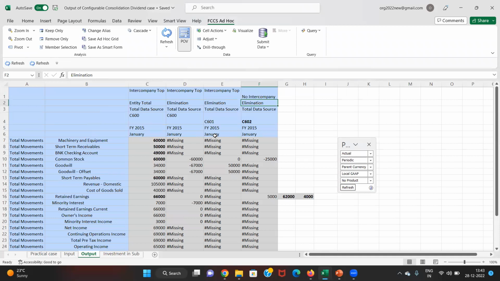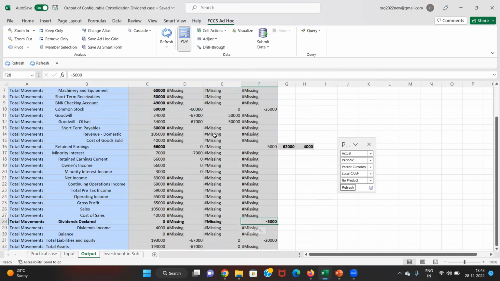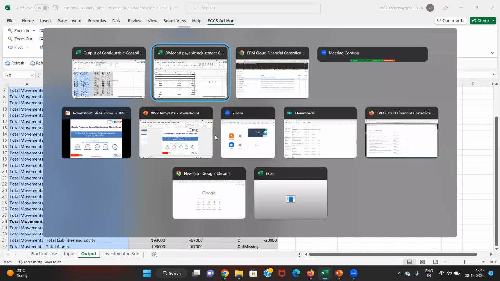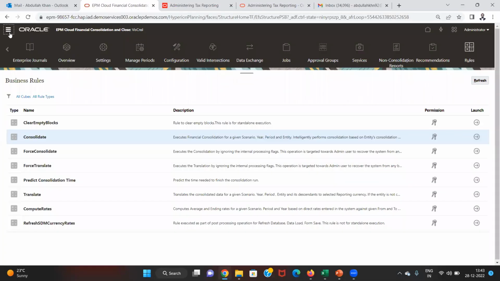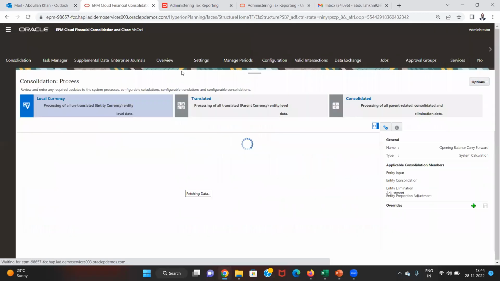When we run the intersection of elimination under the consolidation dimension, we see that the dividend declared is automatically getting eliminated without any configurable consolidation rule being deployed. One of the reasons could be that a standard elimination is already set under the application for the same.